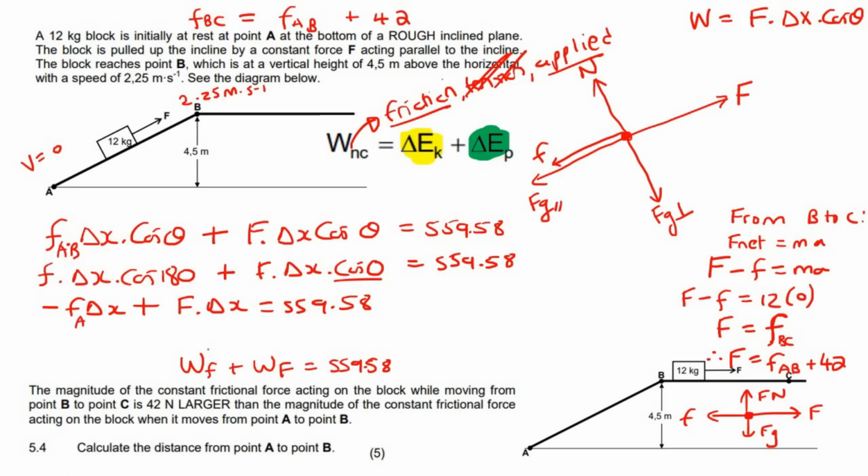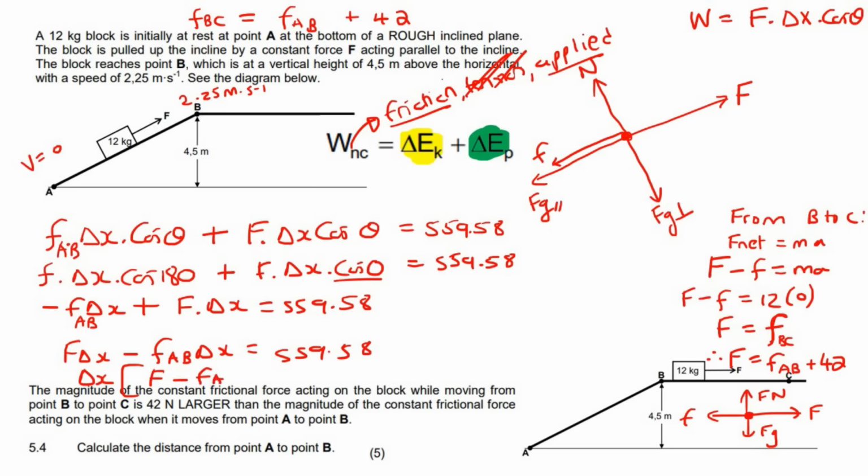I'm just going to switch these two around, because when you add, the order doesn't matter. So we're going to say F Δx minus the force of AB Δx. I'm then going to take out Δx as a common factor, and you'd be left with F minus FAB, equals 559.58.